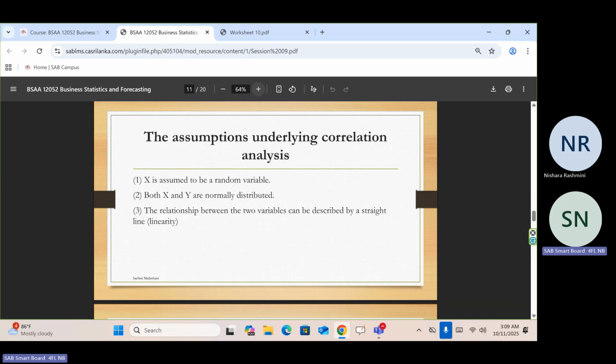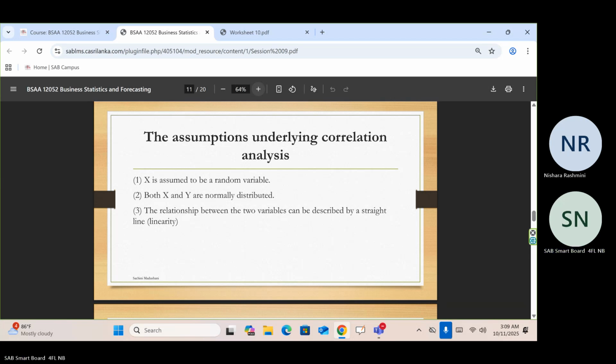You know the shape of the normal curve. If the histogram is symmetric, we can say that particular variable is normally distributed. Understood? Then we take two different histograms for the two different variables. First histogram for the independent one, second one for the dependent one. Otherwise we can use the normality test.